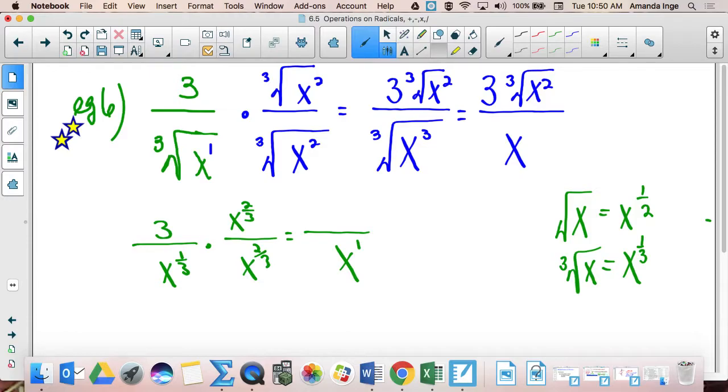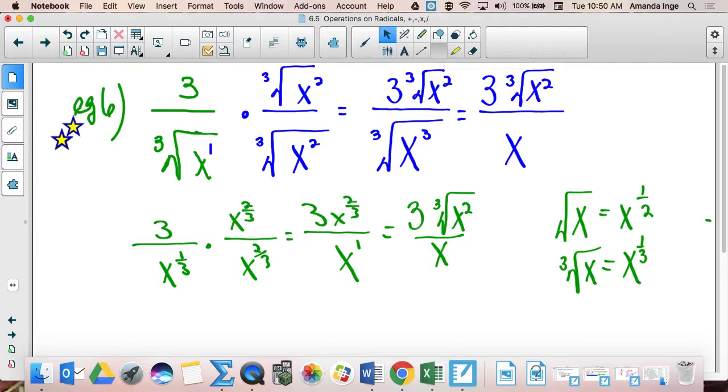Everybody agree with that? So this is 3x to the 2/3, which when we get to rational exponents, we can rewrite as the cube root of x squared over x. We'll do more of those later on. Okay?